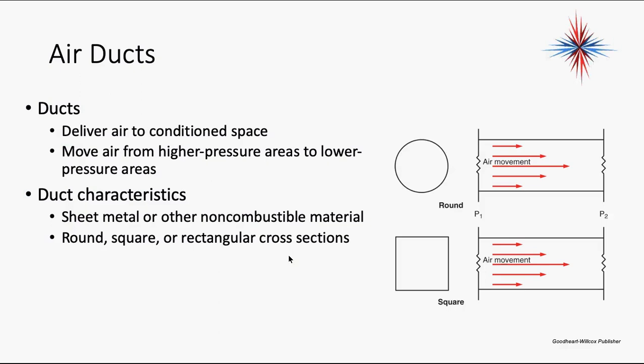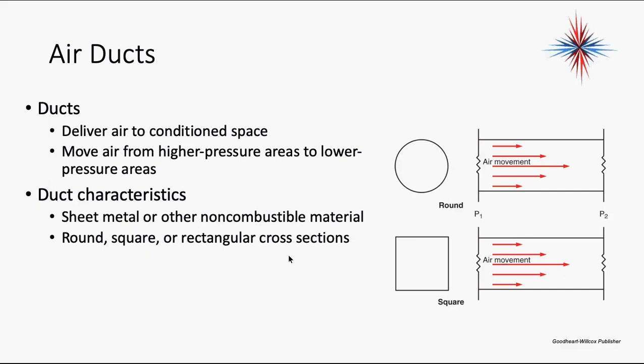My high pressure is the outlet of the blower. My low pressure area is the room that I'm moving air into. My duct pressures have to always be over that of the room that I'm pushing into. We're going to talk about that because that's important if you don't have returns in every room.